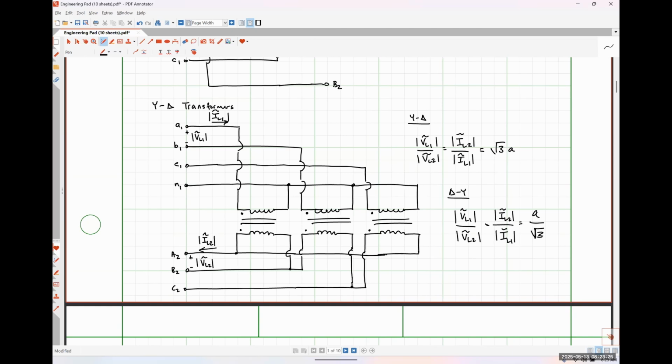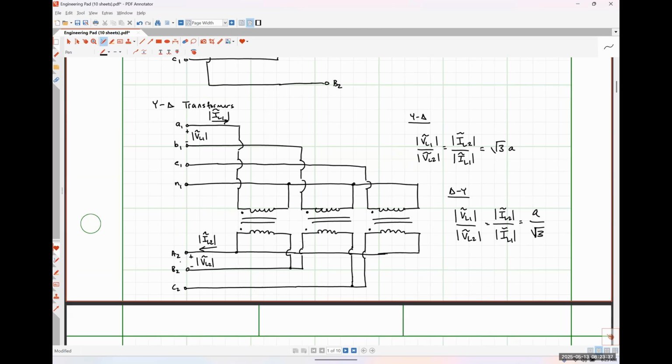And again, if we have the delta connected as our primary, then we would replace those two subscripts with one subscript. And if our Y is our secondary, we would replace those one subscripts with a two subscript.